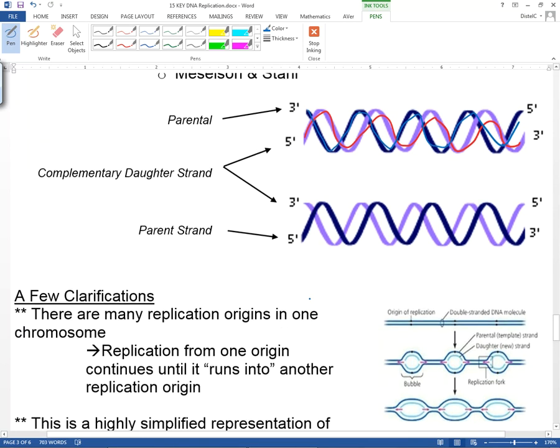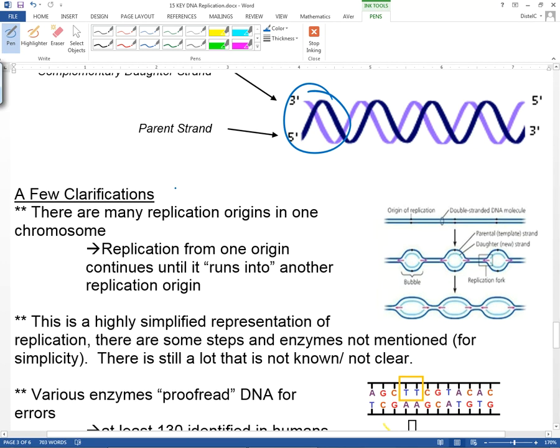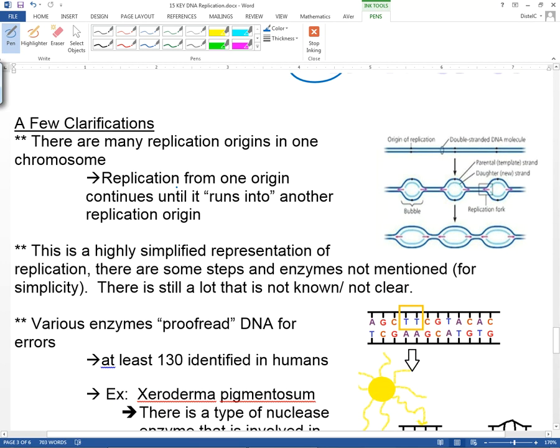Both of these, this is a molecule of DNA, this is a molecule of DNA. We're saying that these are the newly formed pieces of DNA. The parental would have been like all blue. All right, almost done with this part of the video. So a few clarifications. There are many replication origins within one chromosome.